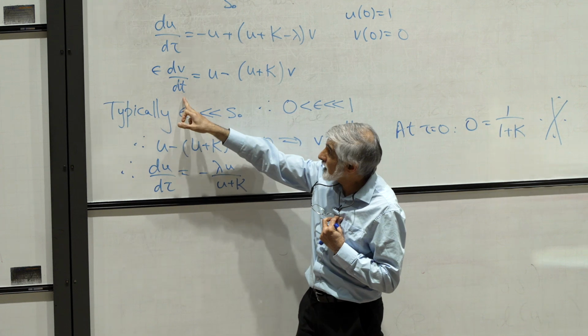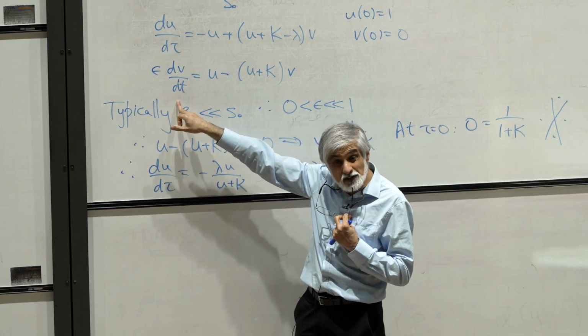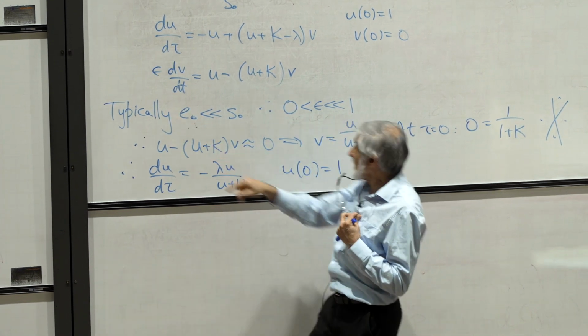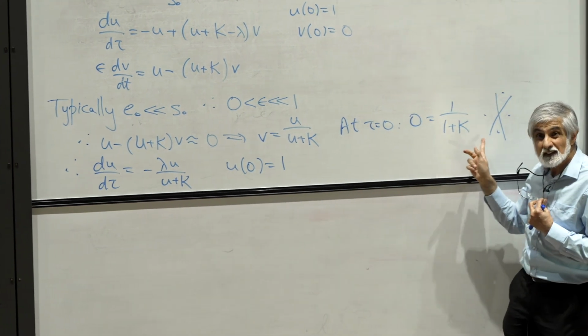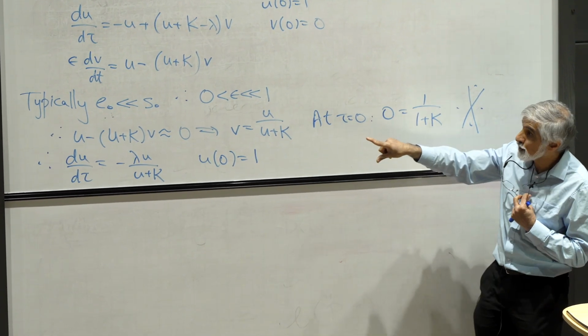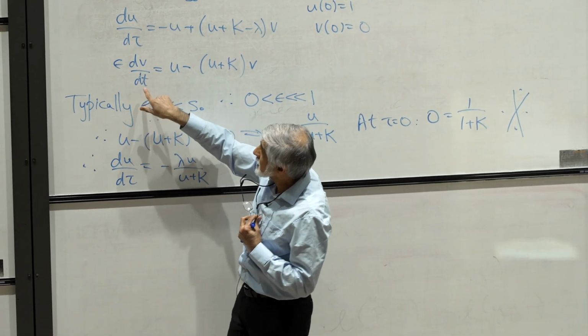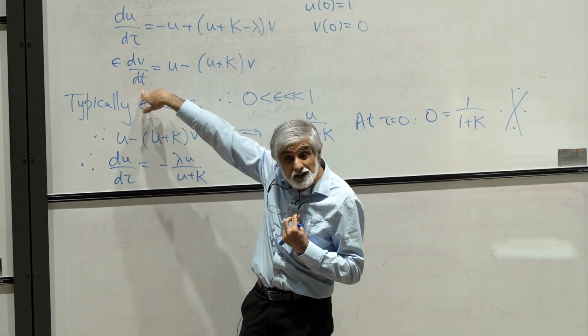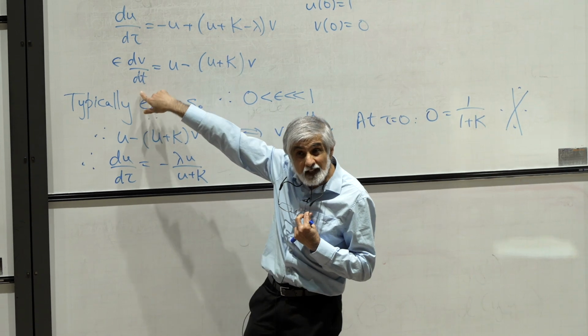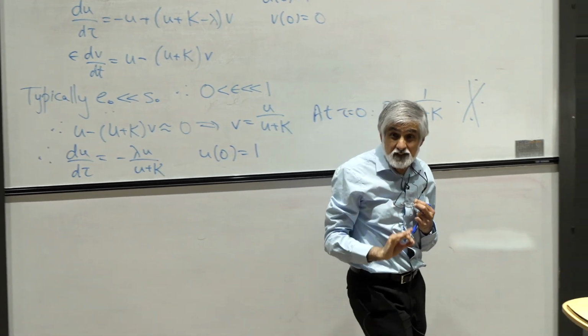Therefore, initially, we can't say this is 0. And that's where we've gone wrong here. So what we have to do is we have to analyze what happens near t equals 0. And that's what we will do next time.